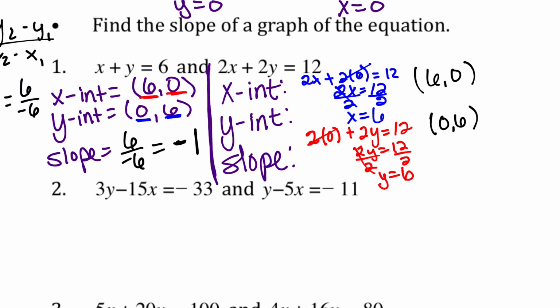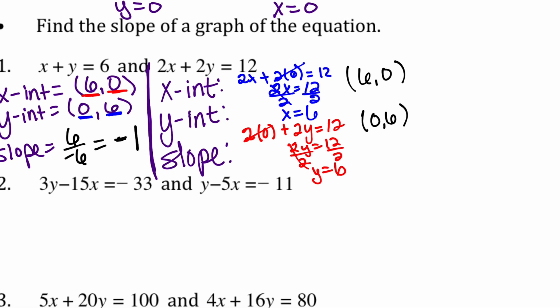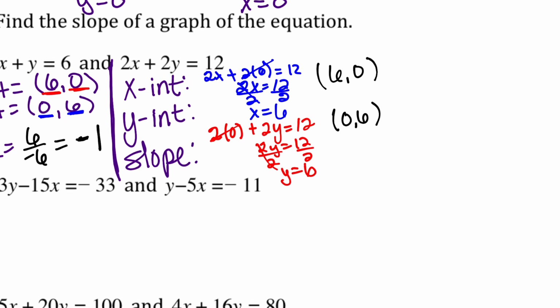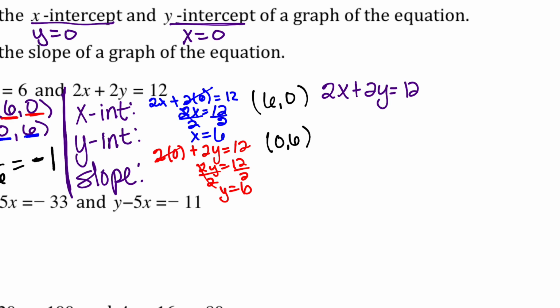It's the same. So I want you guys to see how to do the slope-intercept form again for this equation. So we're going to do it over here. 2x plus 2y equals 12. What is slope-intercept form? y equals mx plus b.